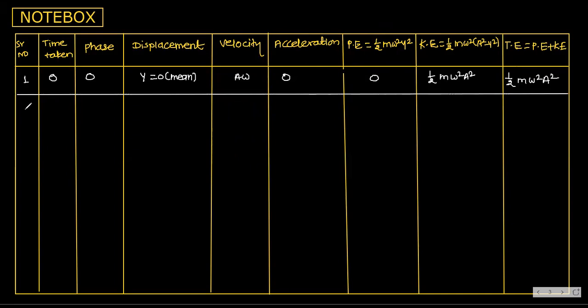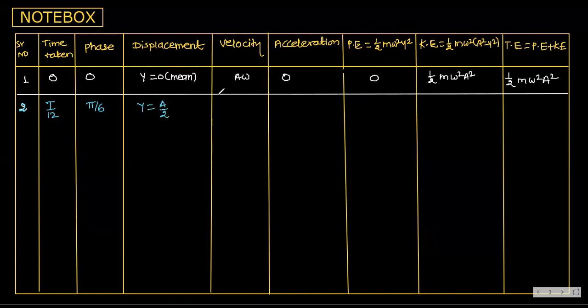Next one, serial number 2. In this I am taking time t by 12. So phase is how much? Pi by 6. And then displacement y is equal to a by 2.